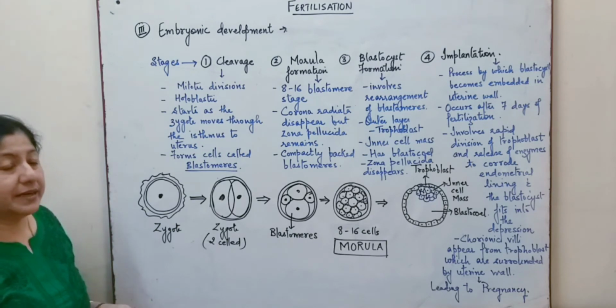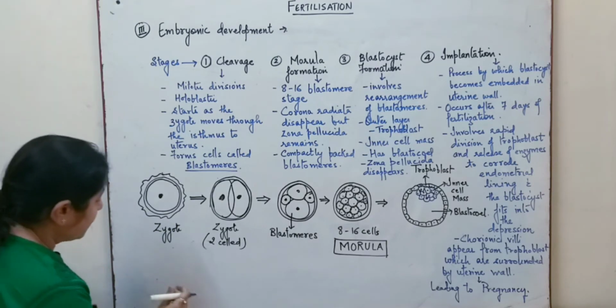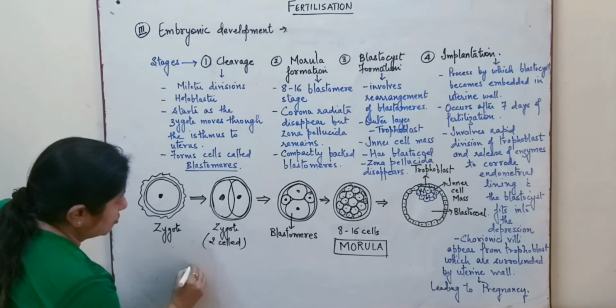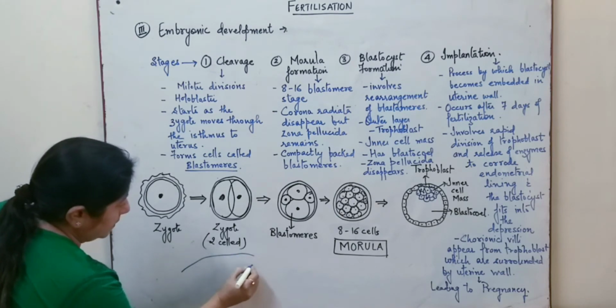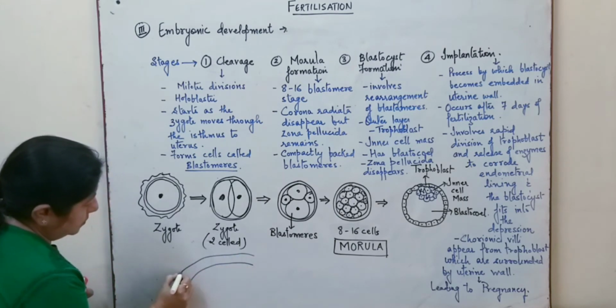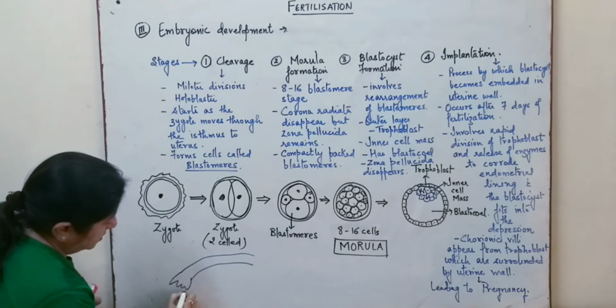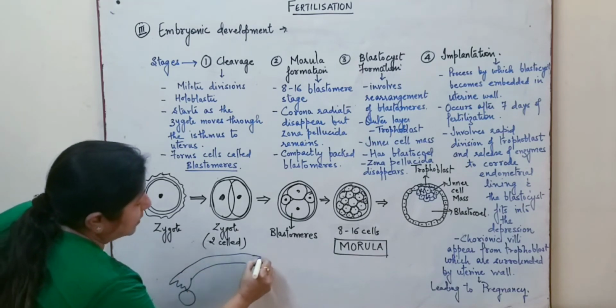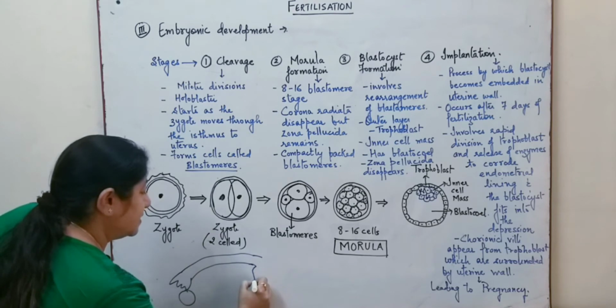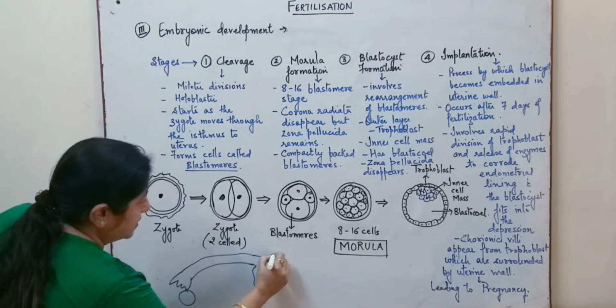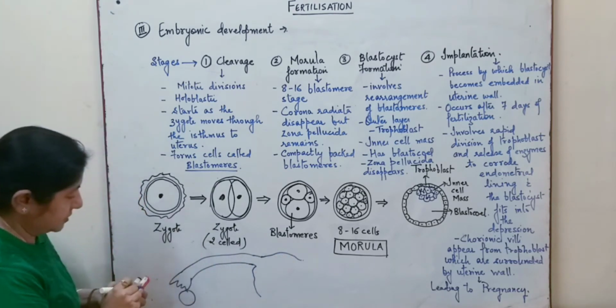Let us try and understand that if we draw the structure of the oviduct, ovary, and over here is the uterus part. Let me draw this over here.